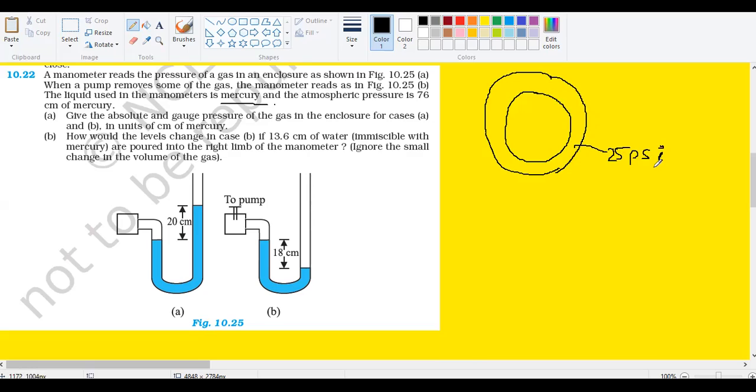This is a British unit, it's not an SI unit. But sometimes we are much more comfortable with the British units, so we use these units. So this is actually the gauge pressure, what is inside the tire.